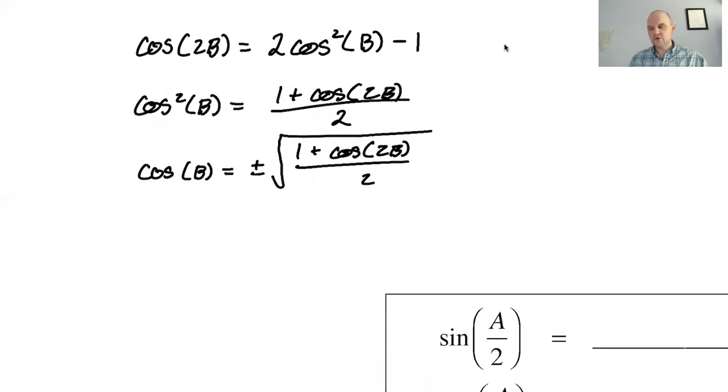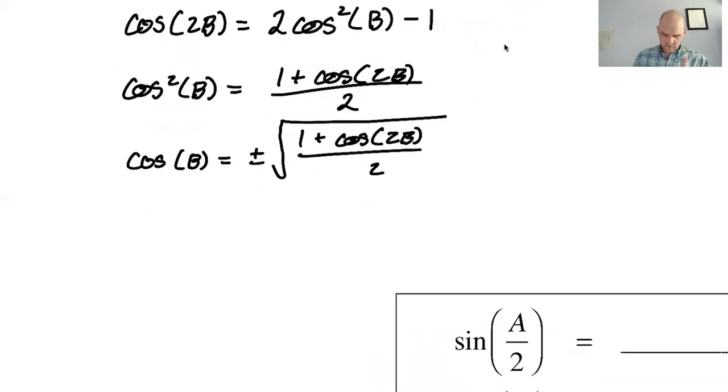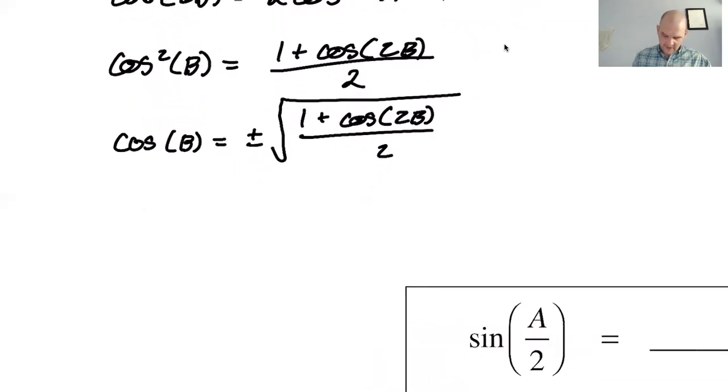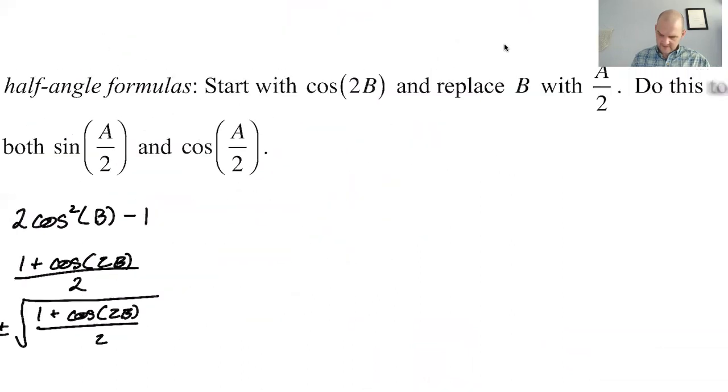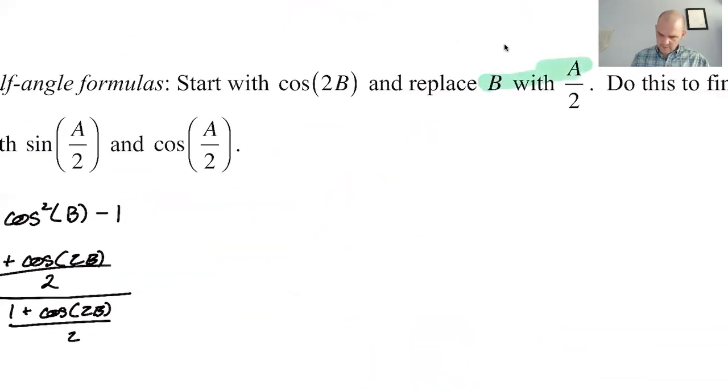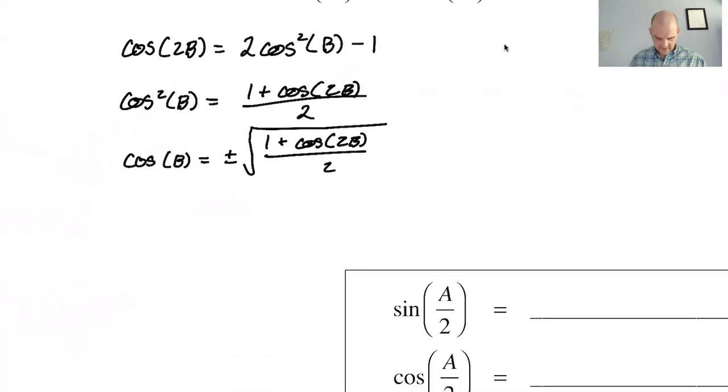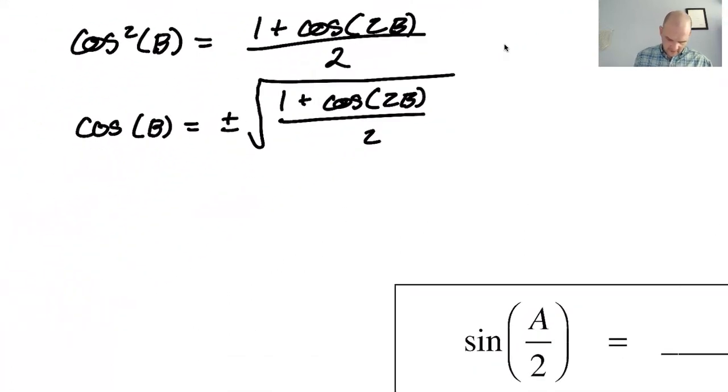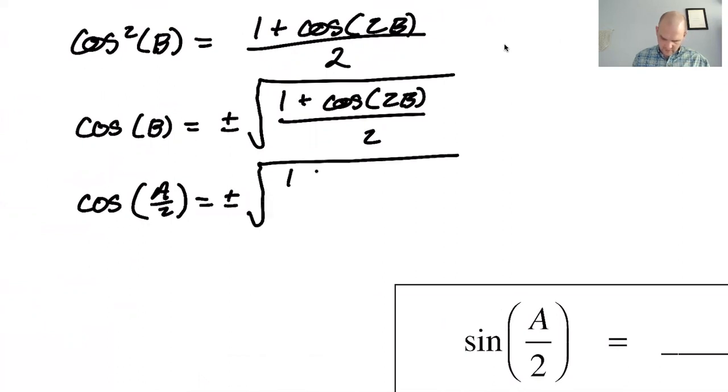Don't worry about that plus or minus just yet. We'll worry about that in a second. Now we're going to make our substitution where we let b equal a over 2. So just replace every b you see with a over 2. And it'll give you the cosine of a over 2 is plus or minus the square root of 1 plus the cosine of 2 times a over 2, which is just a.